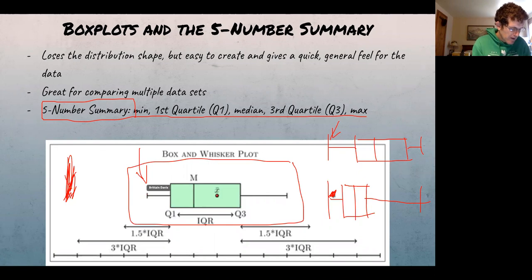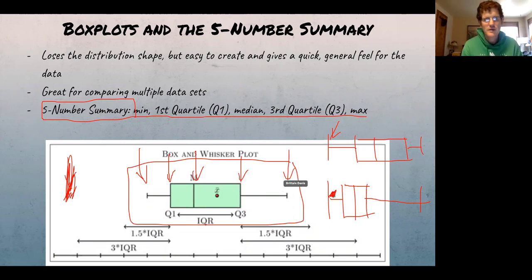You have Q1, which is called the first quartile. Then you have the median in the middle, and then Q3, which is the third quartile, and then you have your max value. So what's special about this?